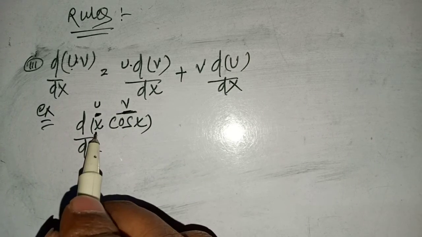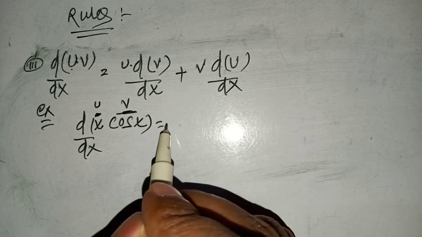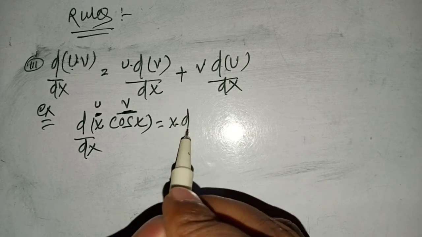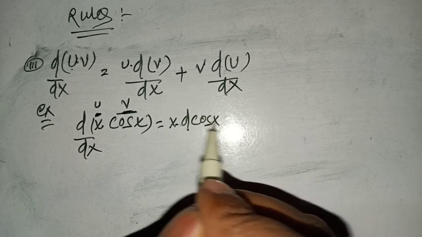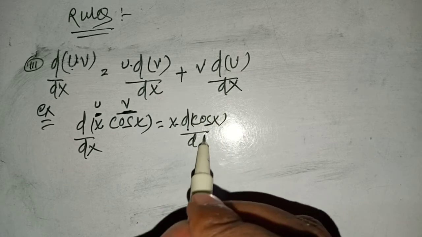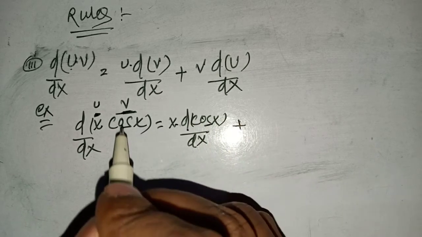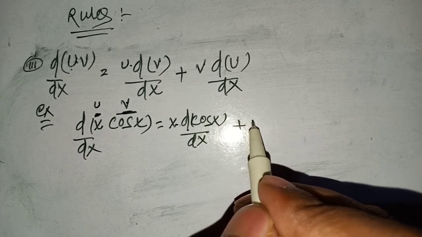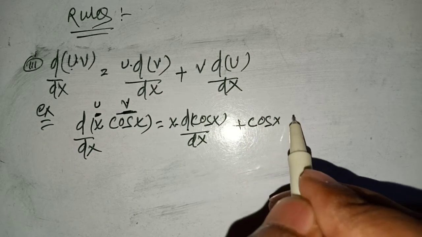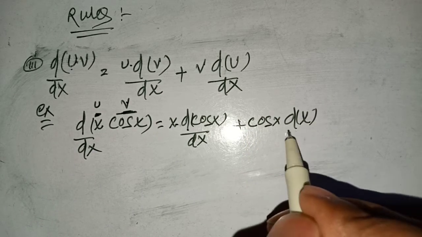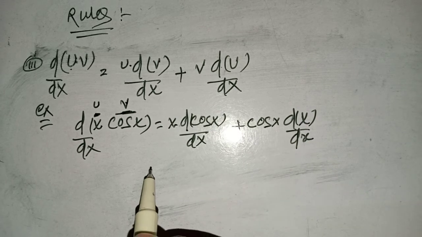So first we have to bring out u outside, so x d cos x by dx. Now v will come out, so cos x d x by dx.